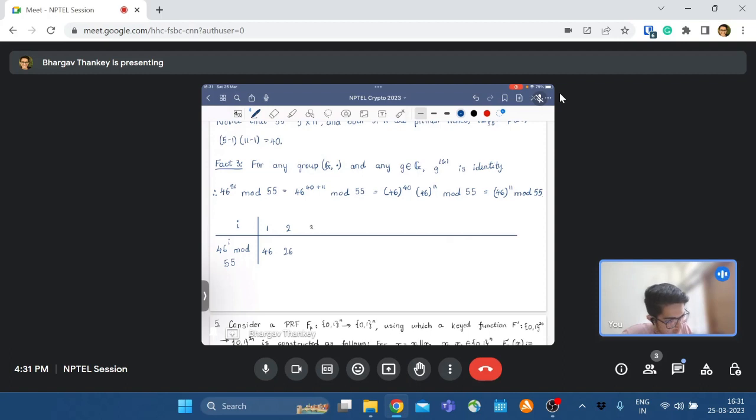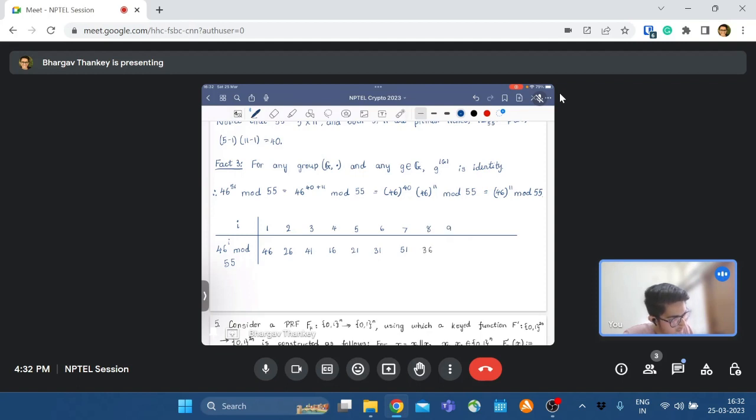When I is 3, it's 41. When I is 4, it's 16. When I is 5, it's 21. When I is 6, it's 31. When I is 7, it's 51. When I is 8, this is 36.